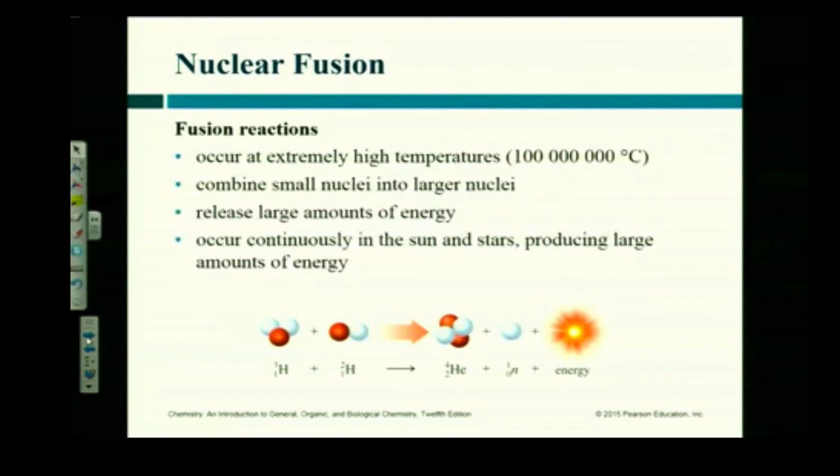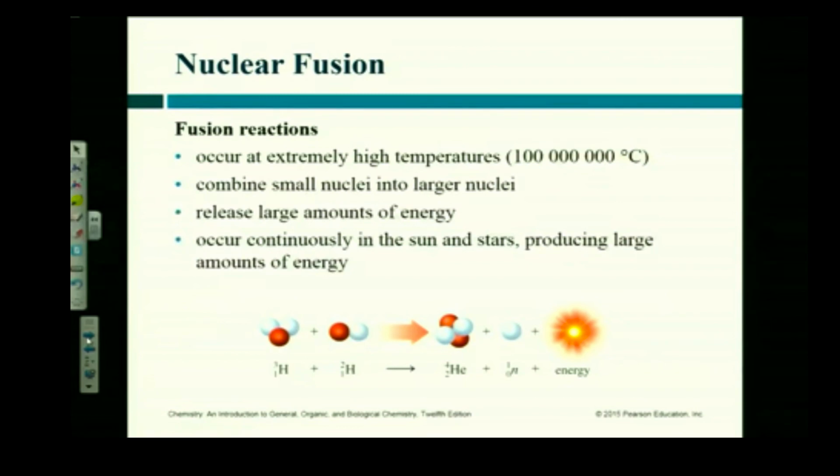This is the holy grail of chemistry probably right now. If we could control a fusion reaction on Earth, we would have unlimited power, because this is how the sun operates. Two hydrogen atoms come together, smash into each other, make a helium atom. And does the sun release a lot of energy when it does this?